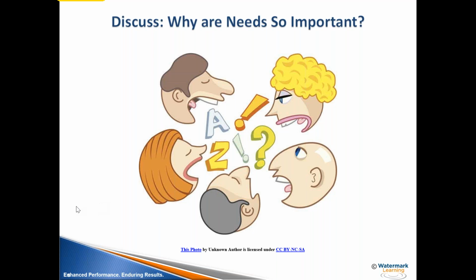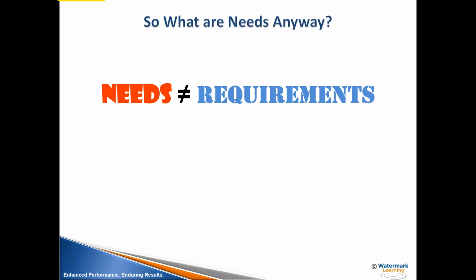And that's, to me, why the concept of using root cause analysis is so helpful to truly getting to business needs, and that's the basis of what I'm going to talk about today. I think we also know that needs are not the same as requirements. They're at different levels. We need different techniques to elicit them and to manage them.